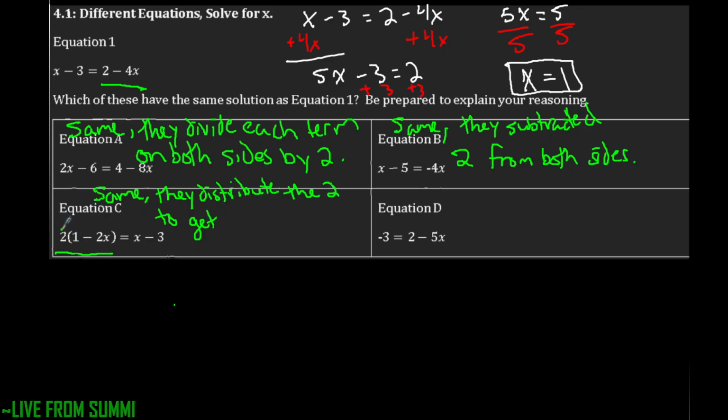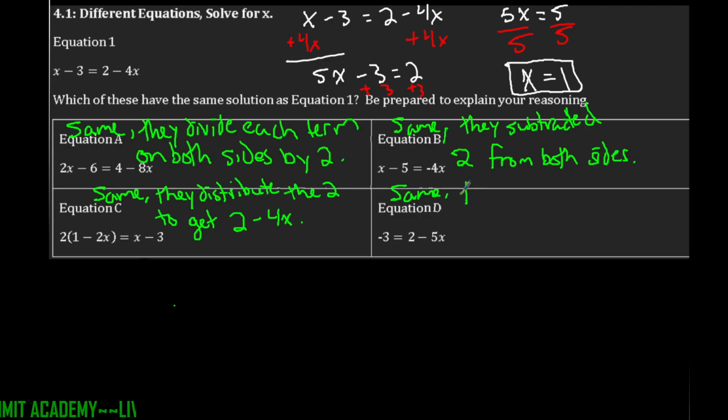Once you distribute the 2, you're multiplying each of those terms by 2, and you should end up with 2 minus 4x. Even though the equation is flipped, meaning the left and right sides are switched, it is still the same equation. And for equation D, this one is also the same.